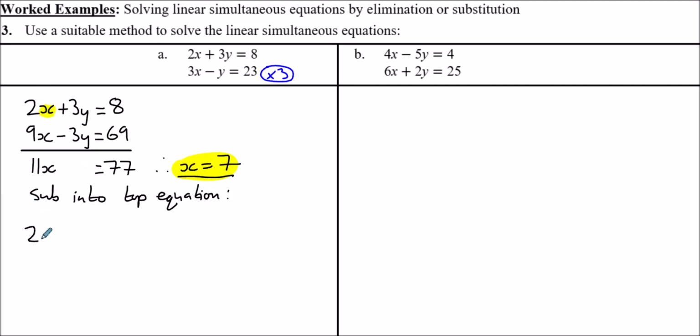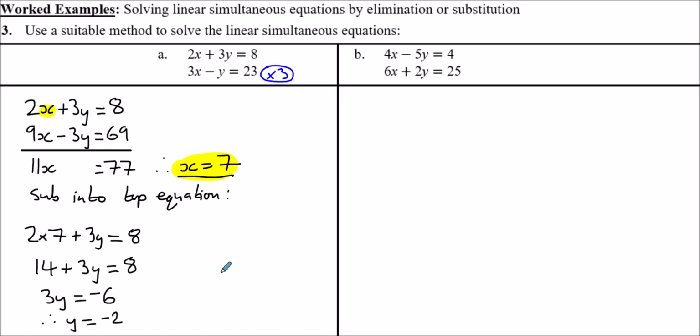So then we had 2 times 7 plus 3y equals 8. 2 times 7 is 14, so 14 plus 3y equals 8. Subtract 14 from both sides, 3y equals minus 6. Divide 3 by 3, we get that y equals minus 2. So the solution is that x equals 7 and y equals minus 2.